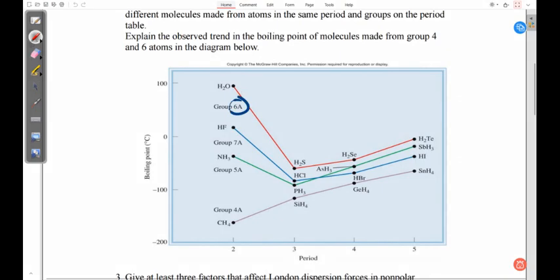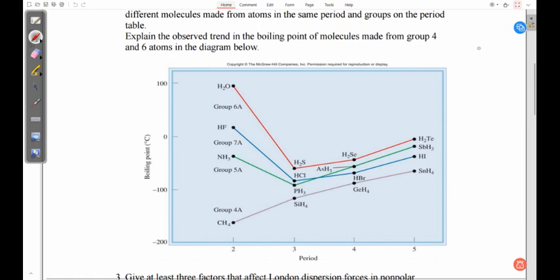This is group 6 to start with. We see that we've got water. The hydrogen is basically attached to everything, right? So oxygen, sulfur, and the rest. These are group 6 elements.